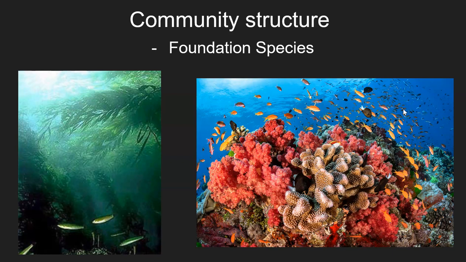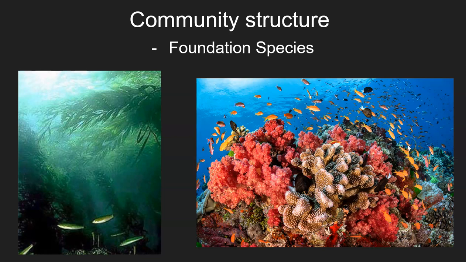So on to foundation species. Here on the left is a bunch of kelp. This is a kelp forest. And on the right, these are corals, which make up the gorgeous, incredibly biodiverse coral reef. So foundation species are species in which other things live. And it's not even necessarily in which other things live, but if you remove a foundation species, that particular environment is not going to be there anymore.